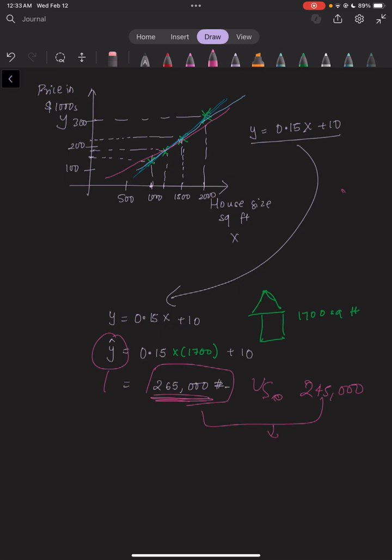The difference between the two would be the error, and then we would sum it all up to find the total error, and we're going to talk more about this in the next section. The method used to do this is called gradient descent, and that's what I'm trying to gear you up for here.